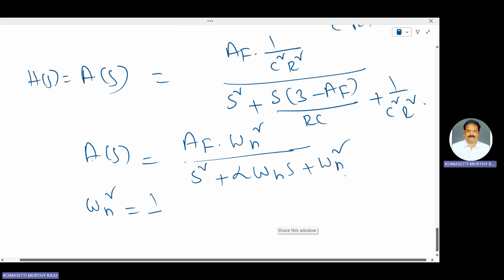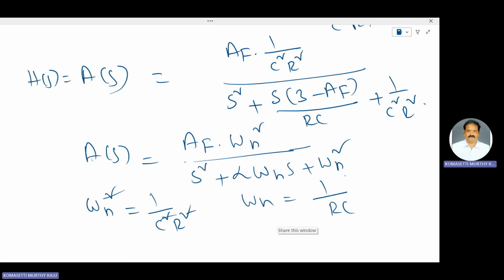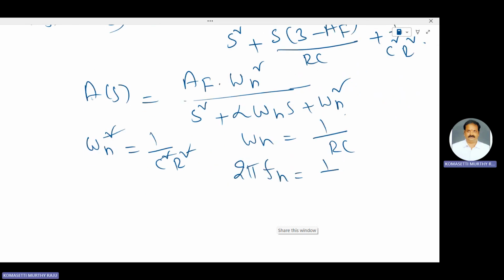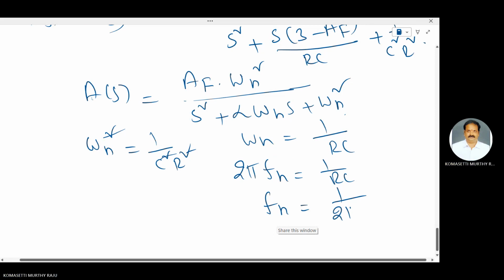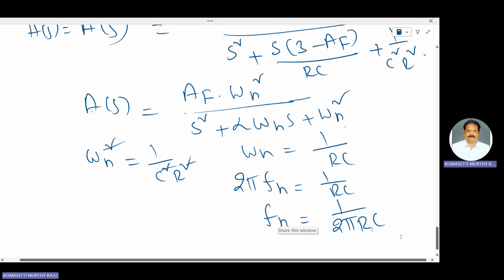Omega H square is equal to 1 by C square R square. Omega H is equal to 1 by RC. Omega H is equal to 2 pi FH, so 1 by RC. Therefore, FH is equal to 1 by 2 pi RC.